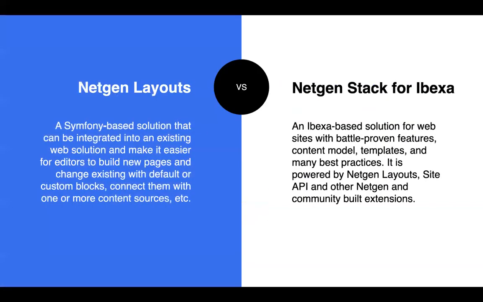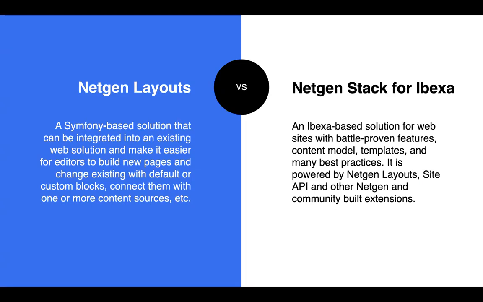First, one important thing so that you understand this presentation better. We usually talk about Netgen Layouts as a product, but actually there are two things, and it's a good moment to try to distinguish the difference. Netgen Layouts is a tool that we built that helps us build pages and change things on the pages.